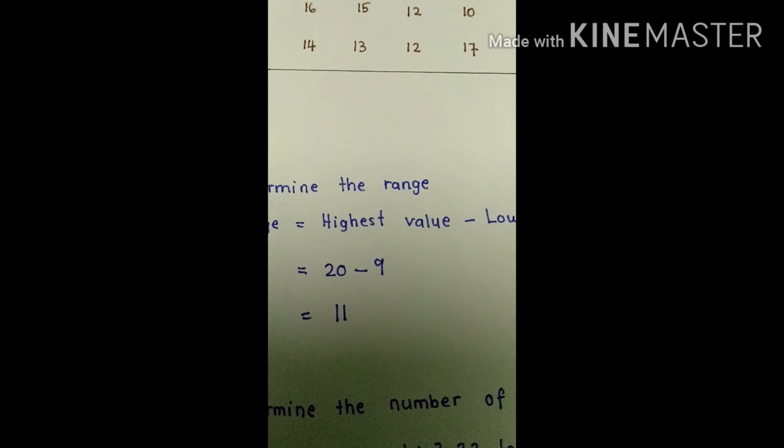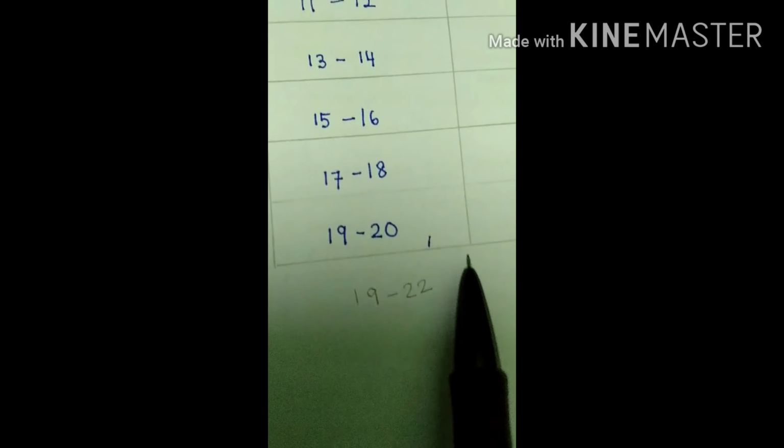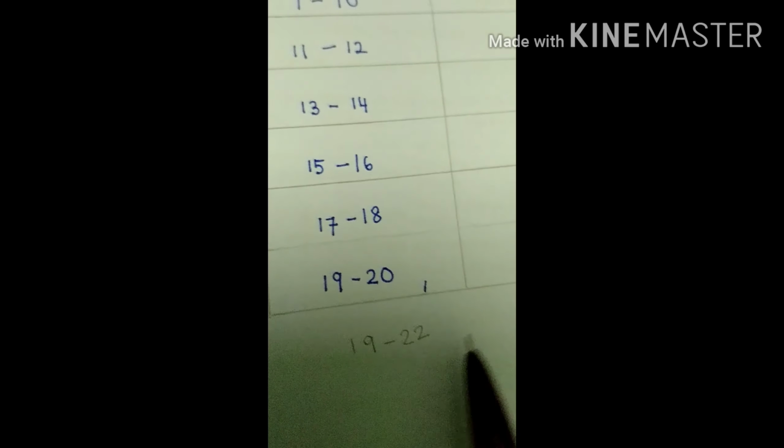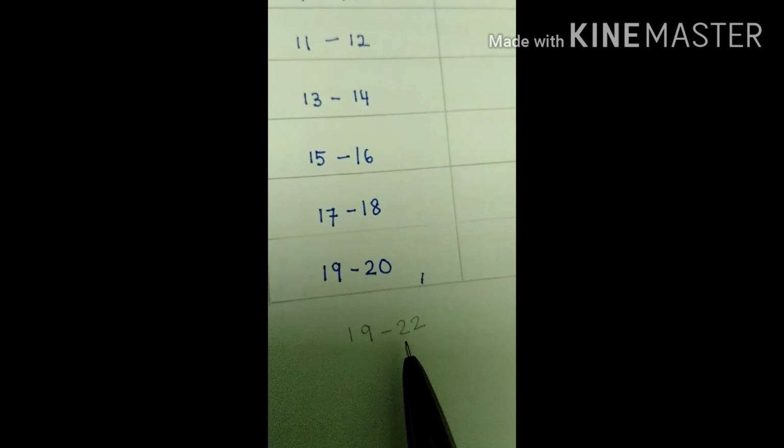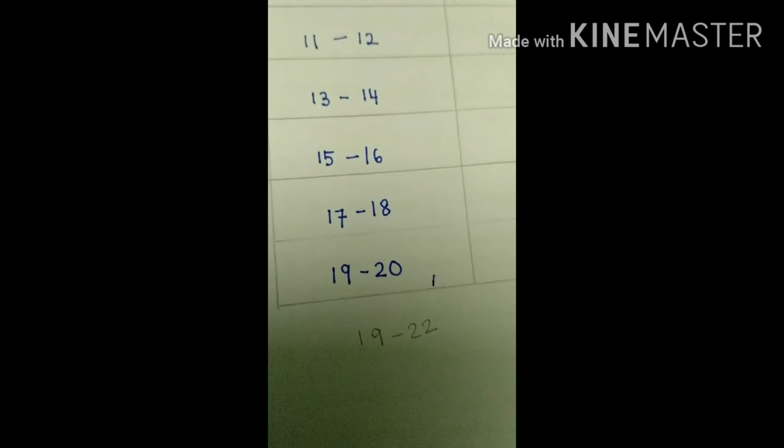The important thing is our highest value must be included in the last class. So our highest value is 20, so it must be included in the class of 19 until 22.